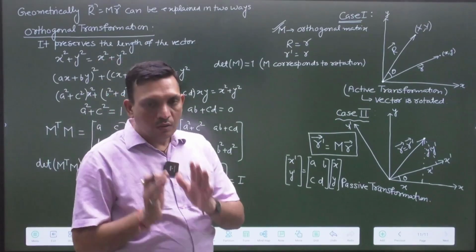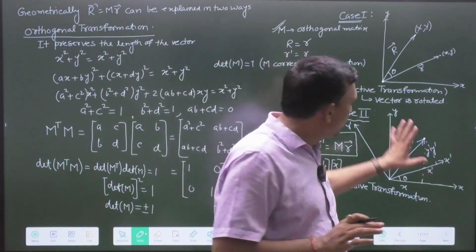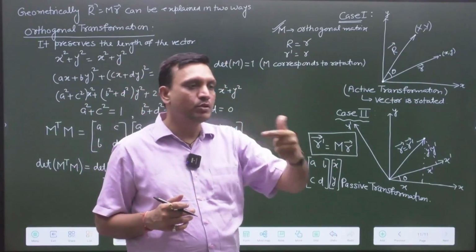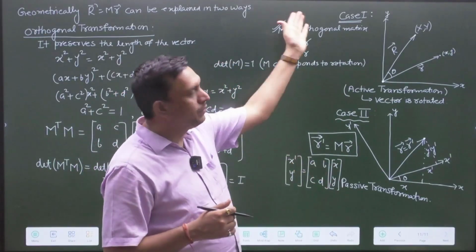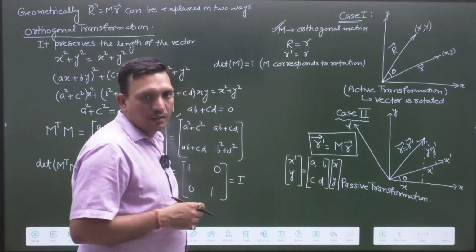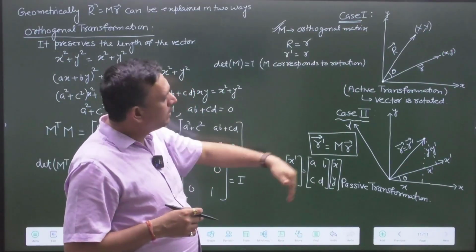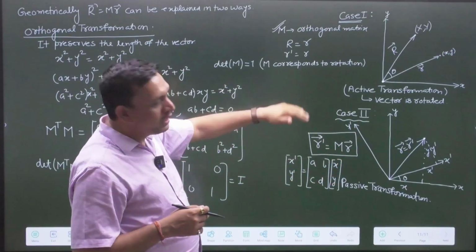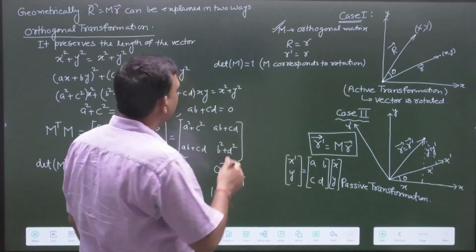So whenever an orthogonal matrix is given, I am talking about a 2 cross 2 matrix, and its determinant is 1, that corresponds to rotation. That will rotate a vector by an angle. I am talking about active transformation. There may be a passive transformation also. So whenever the determinant is 1, it involves rotation.